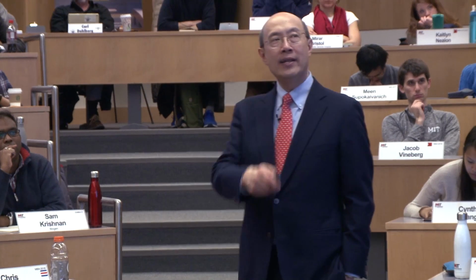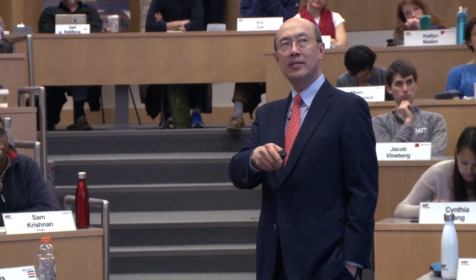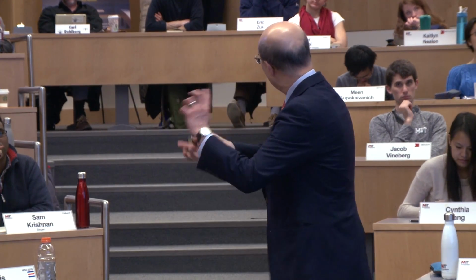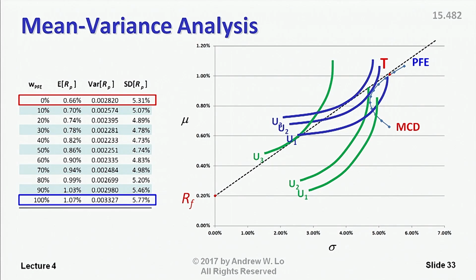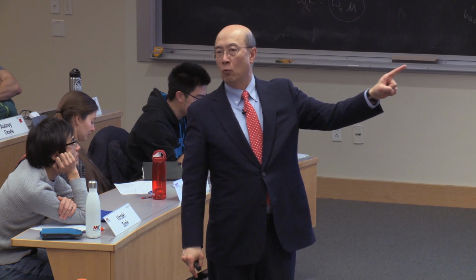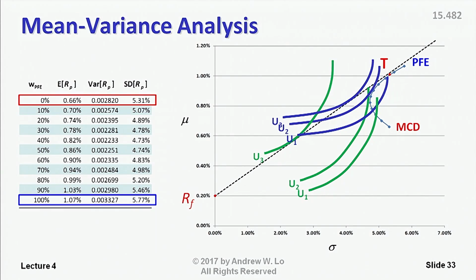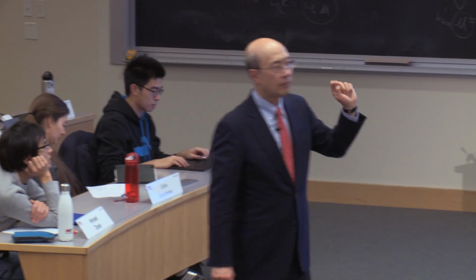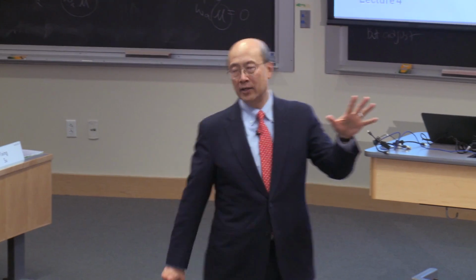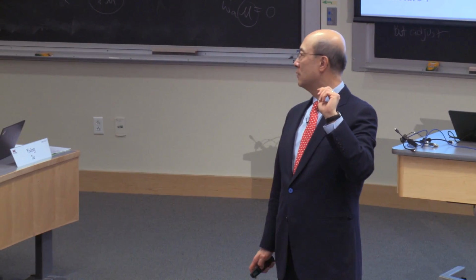And where they will end up on that mix is anybody's guess. They'll hold the same relative proportion of Pfizer and McDonald's, but they will hold different amounts of the risk-free asset depending on their risk preferences. And you agree that with that dotted line, both Mr. Blue and Mrs. Green are better off than they were without that risk-free asset, right? They're more northwest than they otherwise would have been. Any questions about this?